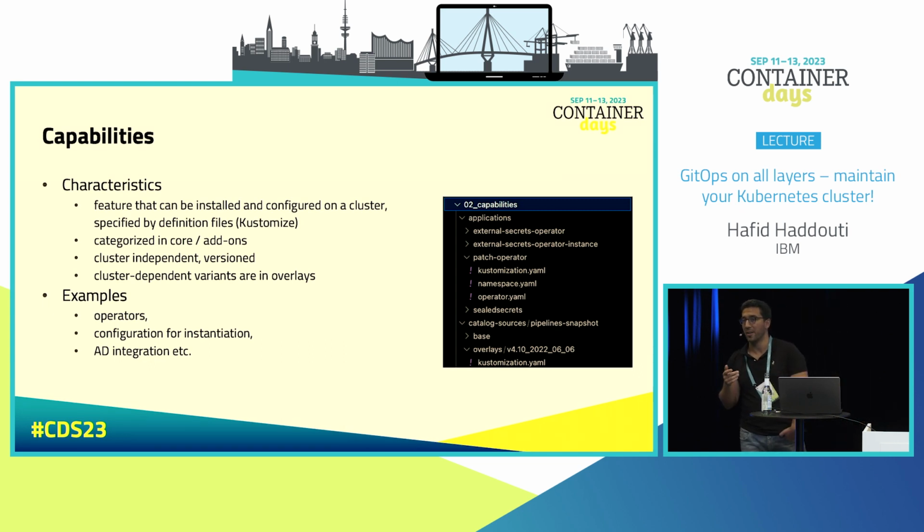So if we have any cluster specific configuration, like secrets or certificates, for example, then we use the normal Kustomize overlay concept, creating a cluster specific configuration, setting the reference to the original base capability, and then we have the cluster specific one. In the demo, I will also try to explain and show an example.